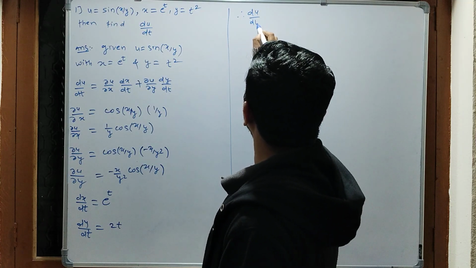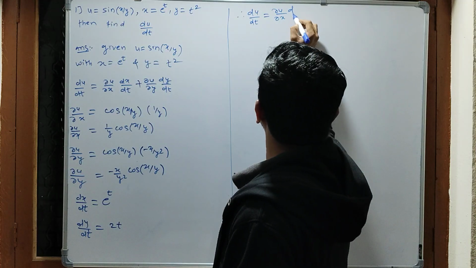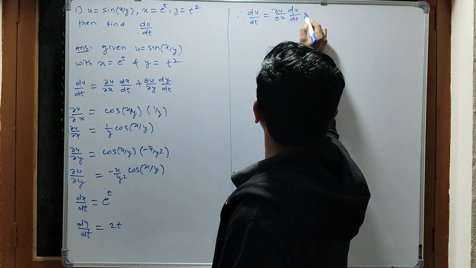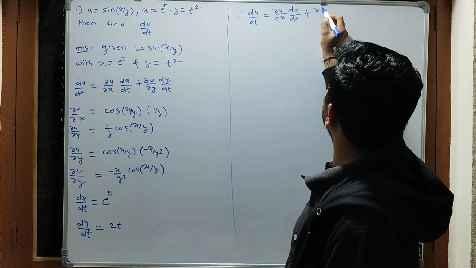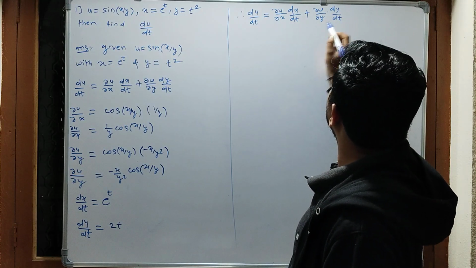Therefore, the total derivative du by dt is equal to dou u by dou x into dx by dt plus dou u by dou y into dy by dt.